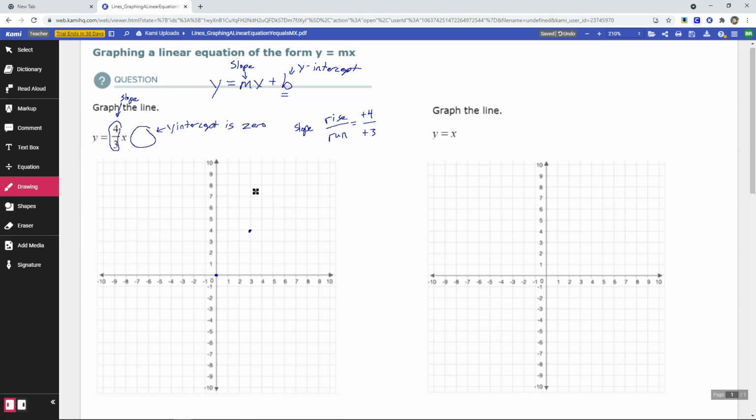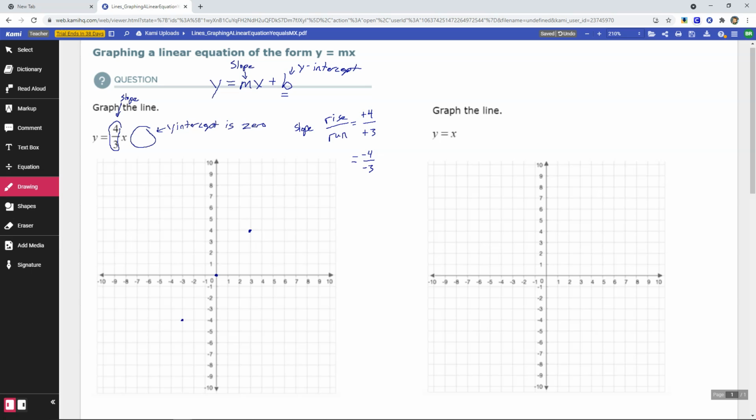Now, because the slope is positive, that means that we could also say -4 over -3, because a negative divided by a negative would give us that positive back out. So we could also rise -4, so we go down 4, 1, 2, 3, 4, and we go to the left 3, 1, 2, 3.